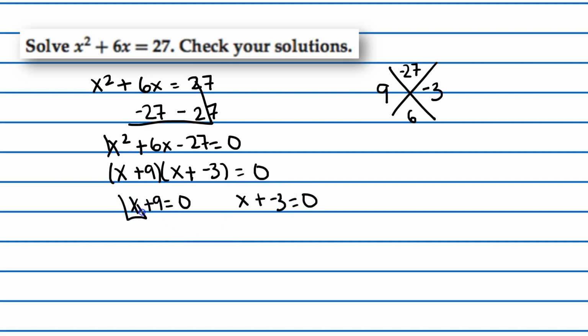Let's solve for x on both. Minus 9, minus 9. So x is equal to negative 9. Positive 3, plus 3, x is equal to 3. So these are our two solutions.